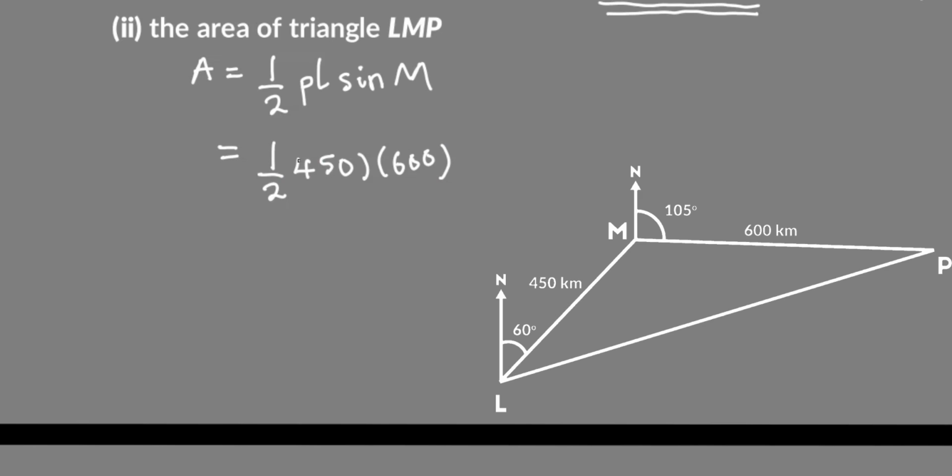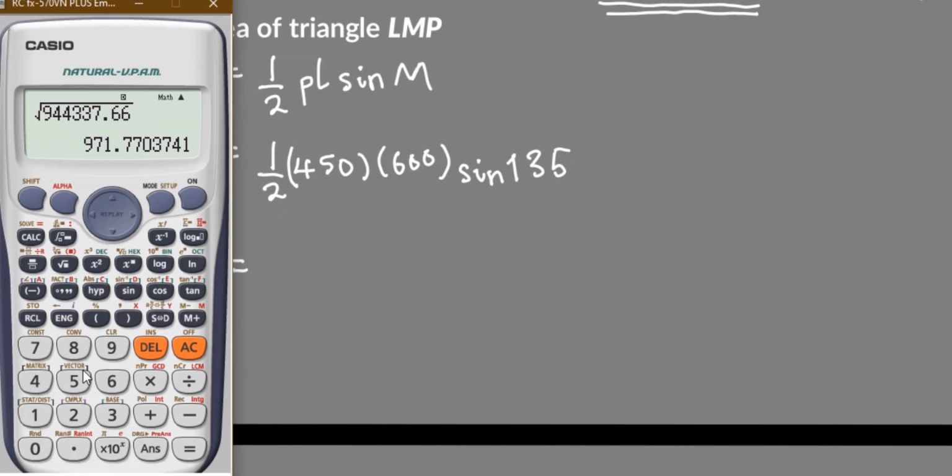Put a bracket there, then we've got sine 135. We find the value of this and find our area. The 450 multiplied by 600 sine 135. We divide this by 2, and that's our area.